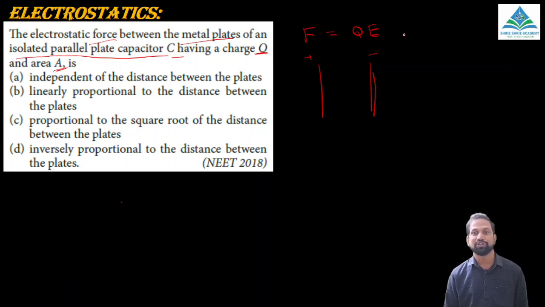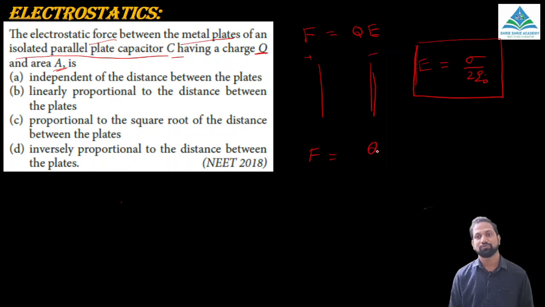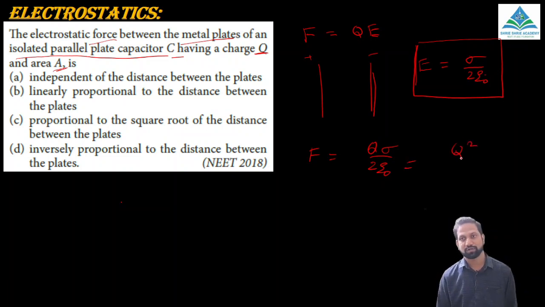The field due to each plate is E equals sigma by 2 epsilon naught. So F equals Q sigma by 2 epsilon naught. But sigma equals Q by A, so F is Q square by 2 epsilon naught A.